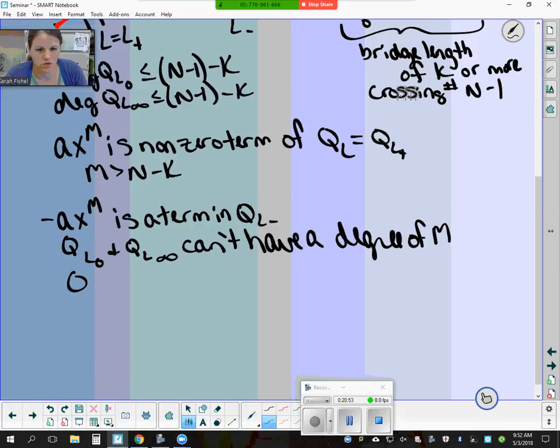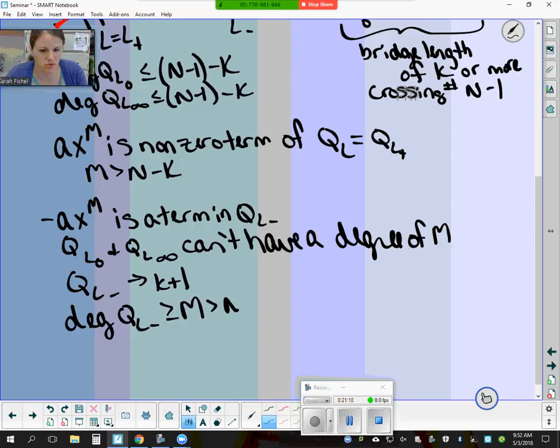So Q of L naught has a bridge length of at least k plus 1. Then the degree of Q of L naught, therefore, has to be greater than or equal to m. M is just greater than n minus k, which is greater than n minus k plus 1. But then what does that tell us?